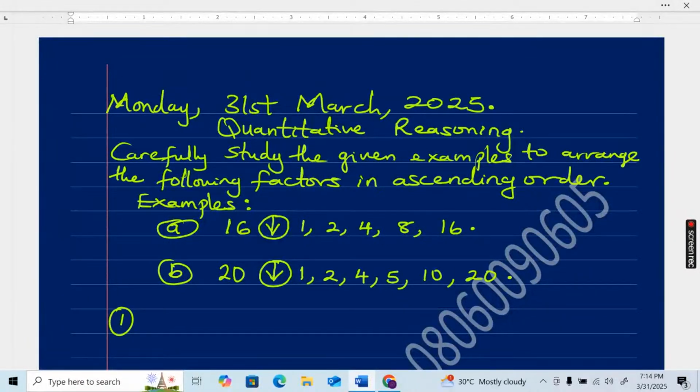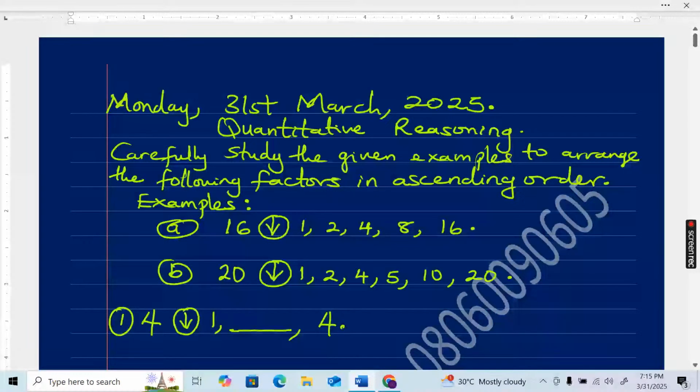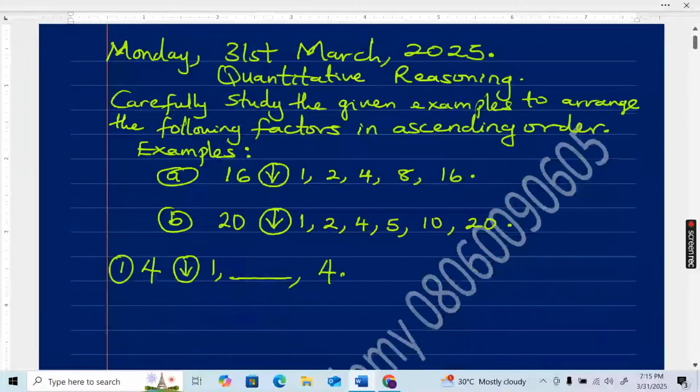Number 1, we have been given 4, and I have the circle and the arrow. 1, the next number I don't know yet is blank. I have a blank space, then followed by 4. I know some of you know the answer already, but just keep writing in your exercise book.